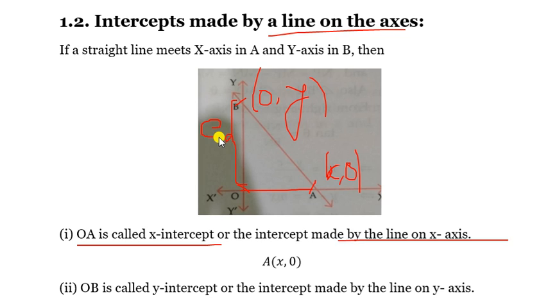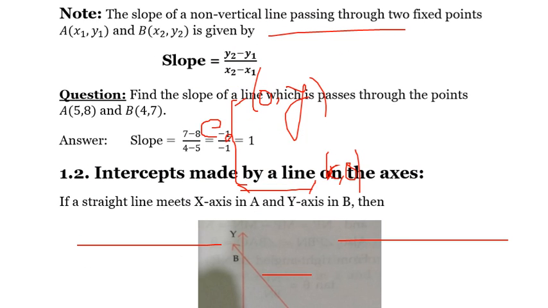It's also very important. I said we need theta, we need m, and we need one more constant, that is c. And what is c? C is the y-intercept, the distance on the y-axis from the origin. Okay? And see, the coordinate of A is (x, 0). I think it's clear what the coordinate of B is also.